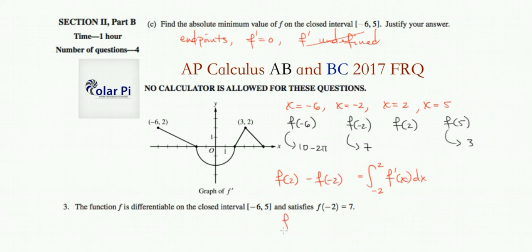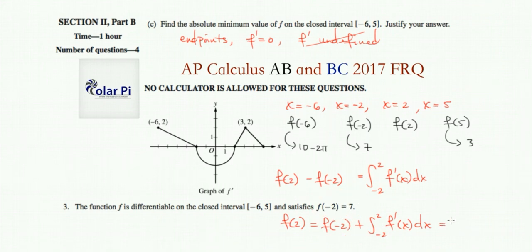But then that means f of 2 is equal to f of -2 plus the integral from -2 to 2 of f prime of x dx. I don't like that d, sorry y'all. Dx. Yeah? Okay, cool.